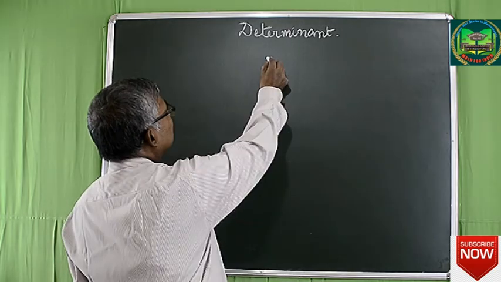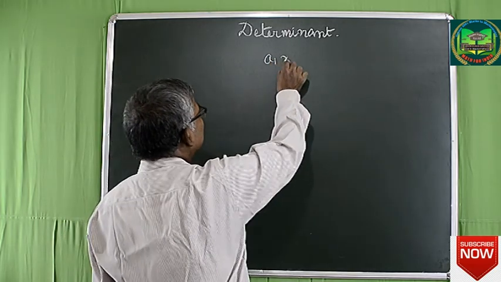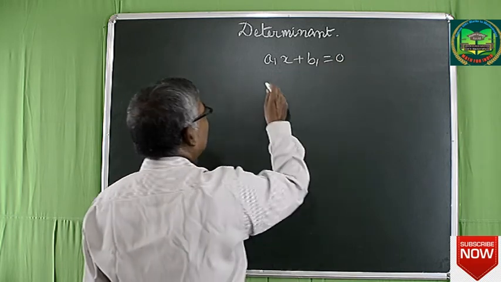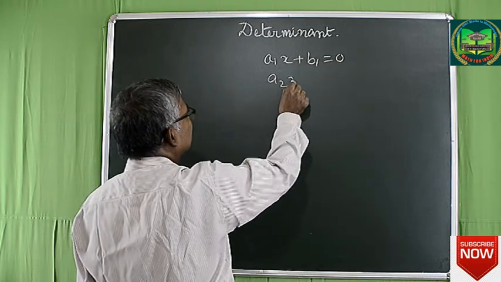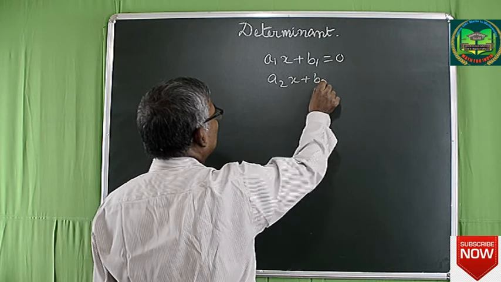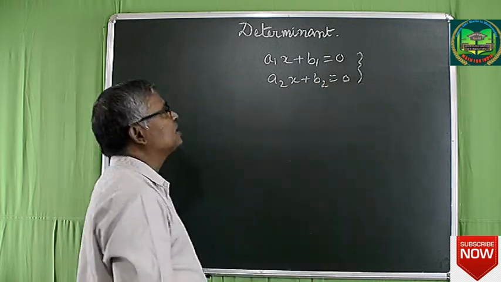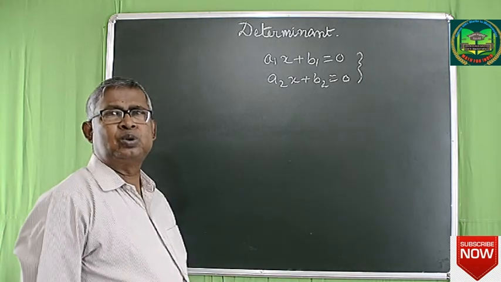Suppose the equations a1x + b1 = 0 and a2x + b2 = 0 have the same root.